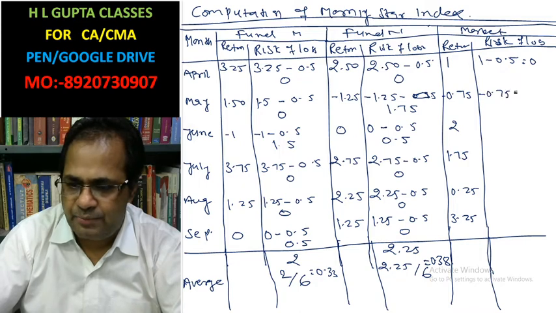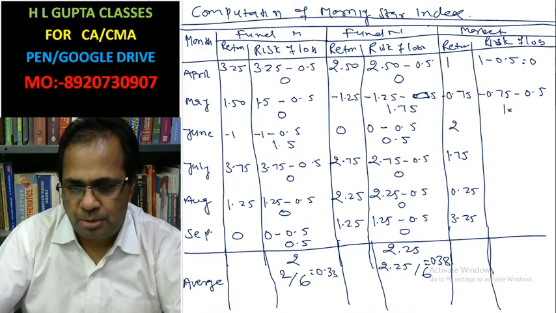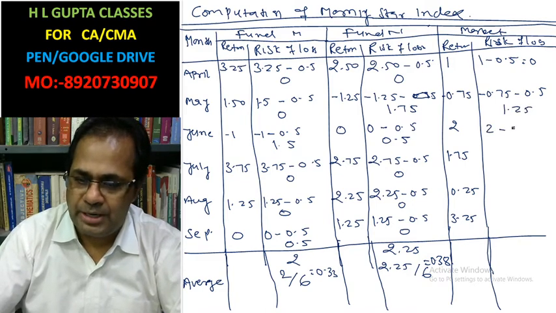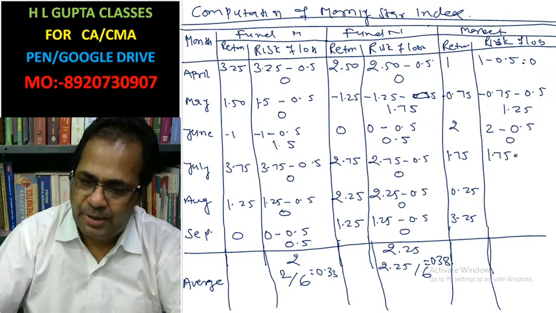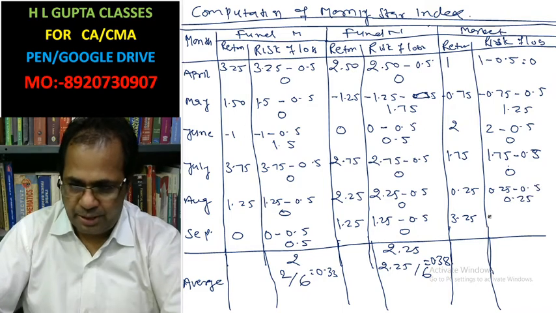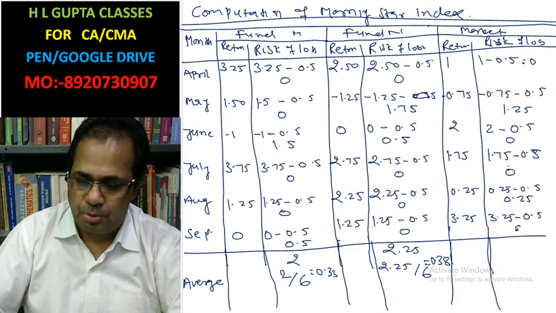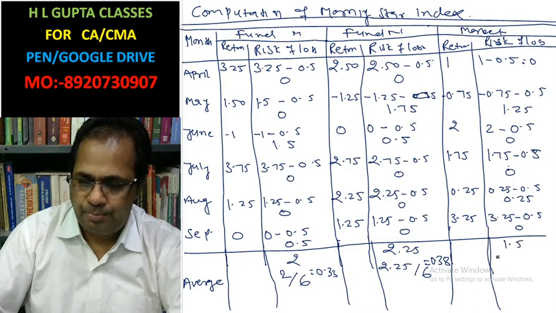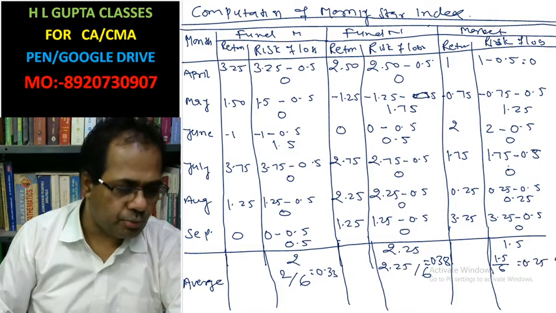Minus 0.75 minus 0.5, risk of loss is 1.25. 2 minus 0.5, risk of loss is 0. 1.75 minus 0.5, risk of loss is 0. 0.25 minus 0.5, risk of loss is 0.25. 3.25 minus 0.5, risk of loss is 0. Total sum is 1.5, 1.5 divided by 6, this is 0.25.